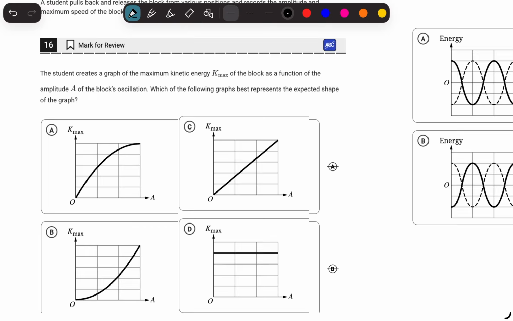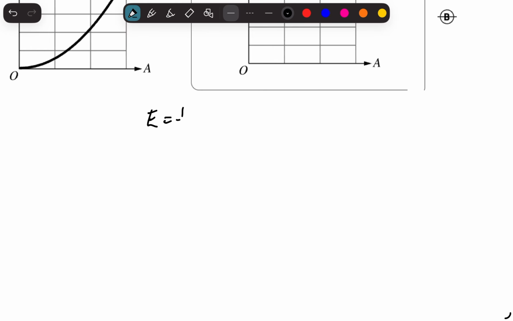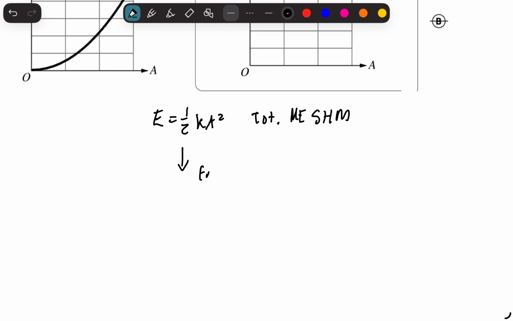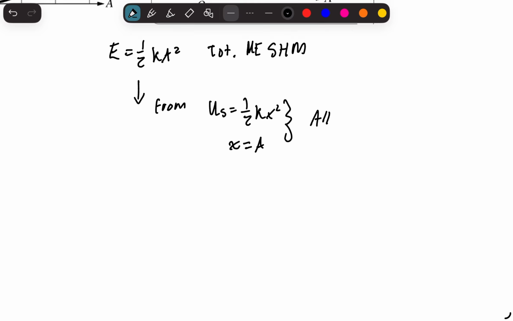So now what we can see here is that it's going to be B, and the reason is when you have your equations, you're going to have E is equal to 1/2 kA squared for your total mechanical energy in simple harmonic motion, and this is from your spring potential energy, which is 1/2 kx squared, where x is equal to A. So that means all your energy equals potential energy.